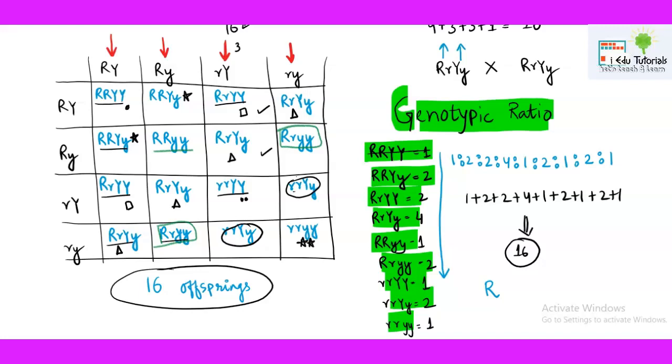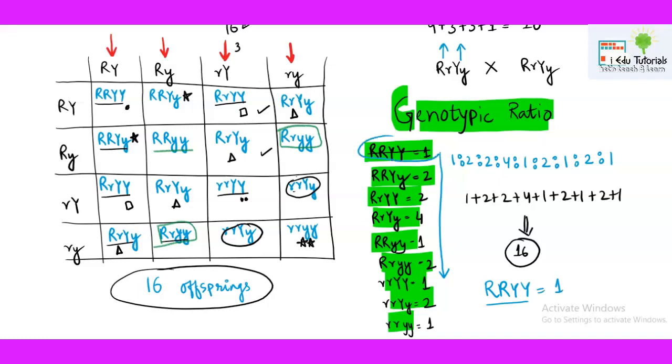So in the board, a question may come as, if two heterozygous parents are crossed together for a dihybrid cross, what is the probability to get a homozygous dominant individual? This is our homozygous dominant, because see, only dominant alleles are seen. And how many individuals with such genotype are obtained? 1.